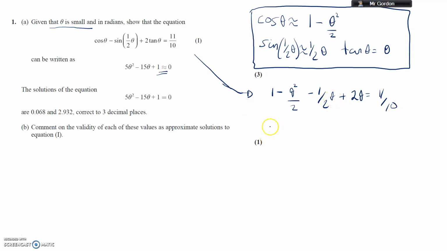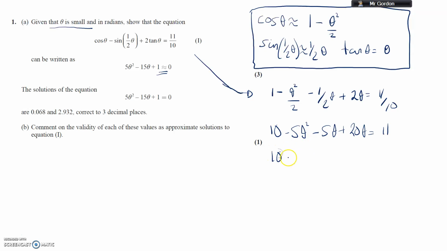Multiply everything by 10, get rid of that denominator, because we don't have one in our final answer here, so let's get rid of our fractions. What is 10 divided by 2? It's going to be 5 theta squared, minus a half times 10 is 5, so 5 theta, plus 2 lots of 10 is 20 theta equals 11.